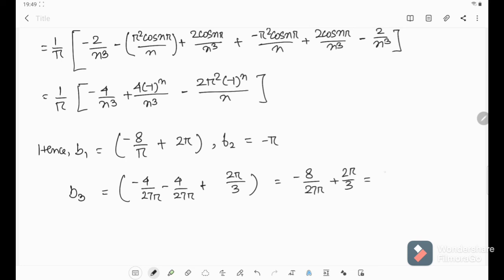So if we take 2 by 3 out, then we will get pi minus 4 by 9 pi, and b4 would be minus pi by 2.